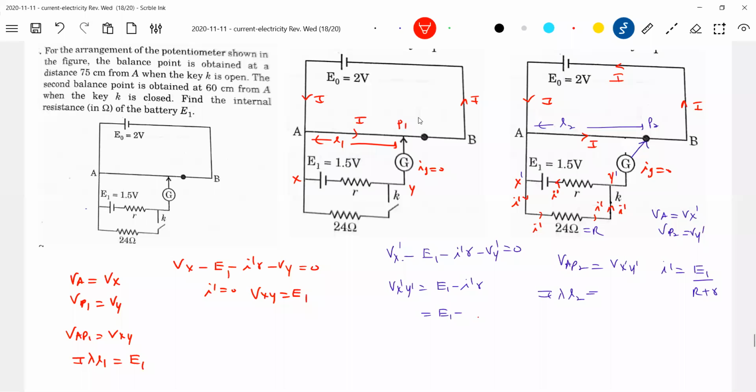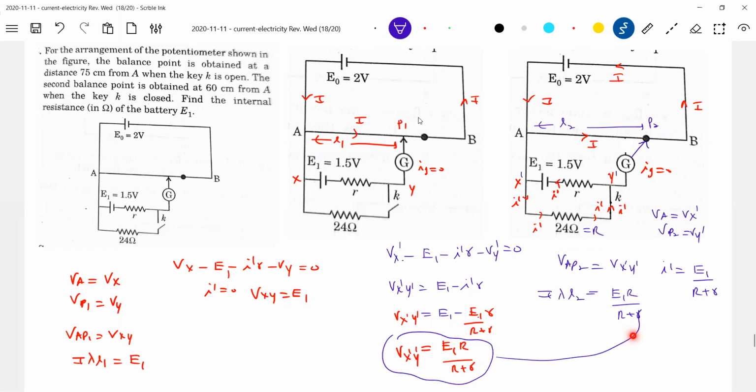Okay, this value you substitute here, E1 by R plus r, times R. E1 you're going to bring outside. So this will be R by, if you know directly, you can divide these two. We know L1 and L2, we'll get the required answer.